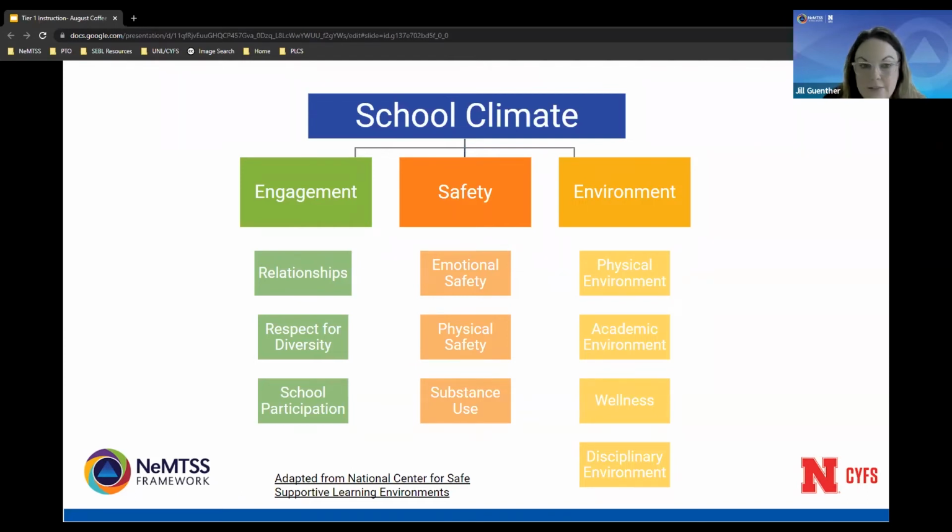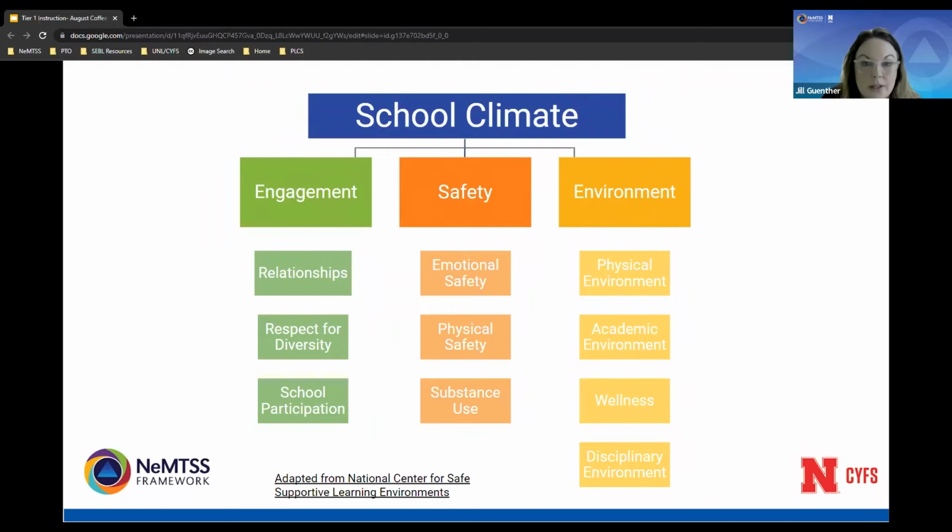And then within safety, we have emotional safety, physical safety, and then substance use. So really just education around that. And then environment. So physical environment, the academic environment, and how we're building those positive environments, and then wellness, and then disciplinary environment. So really thinking about that school climate and how that builds on that positive student well-being, how that builds on academic success.